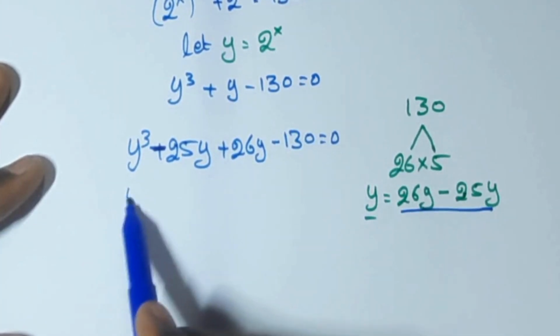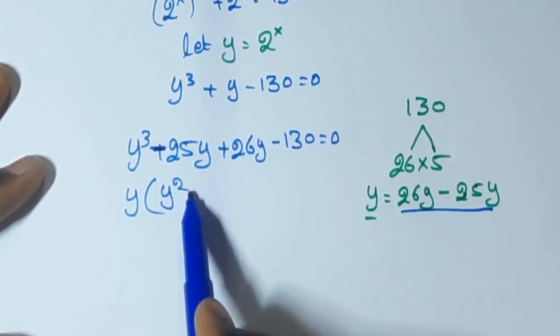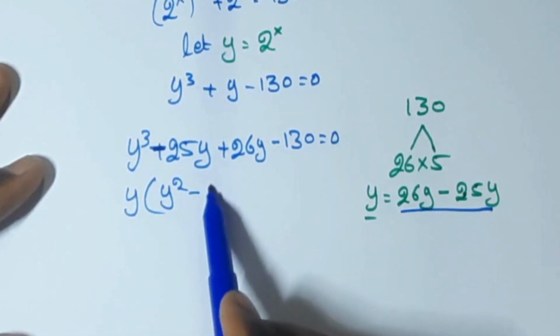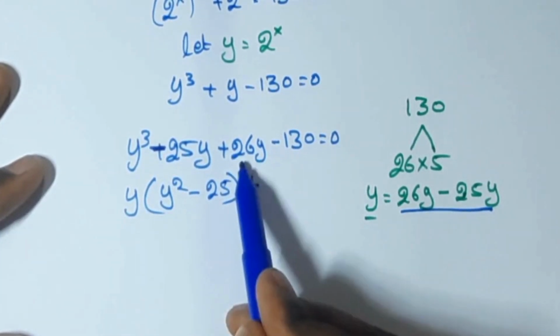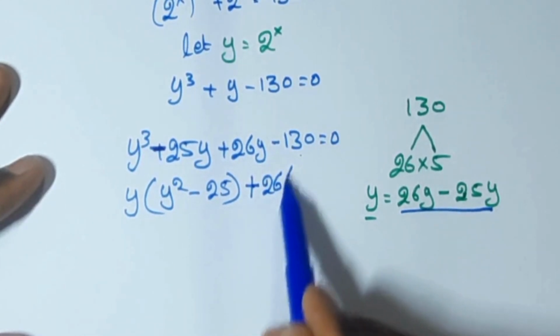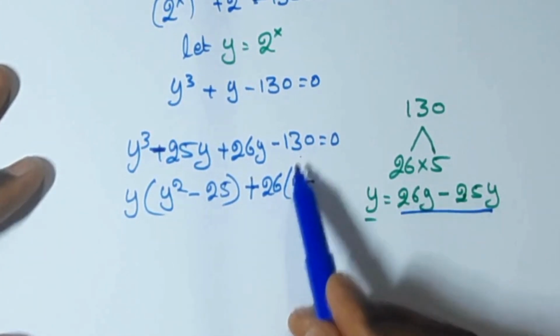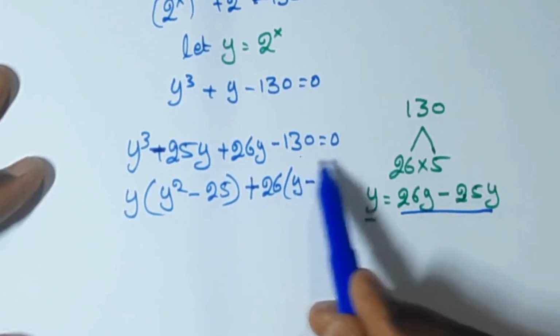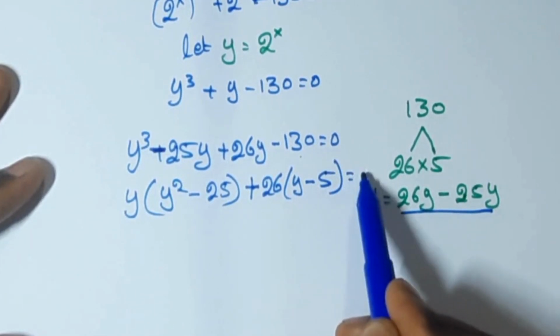Taking y common, y square minus 25, and 26 common, 26y minus 26 times 5 is 130. So here is y minus 5 equal to 0.